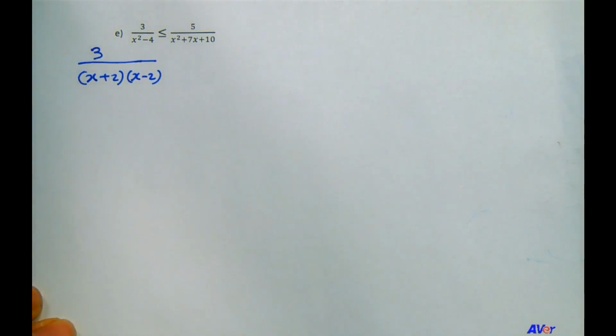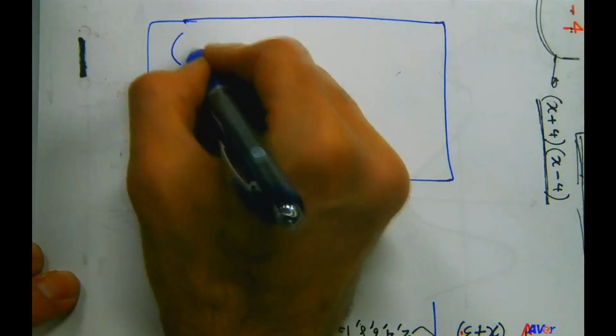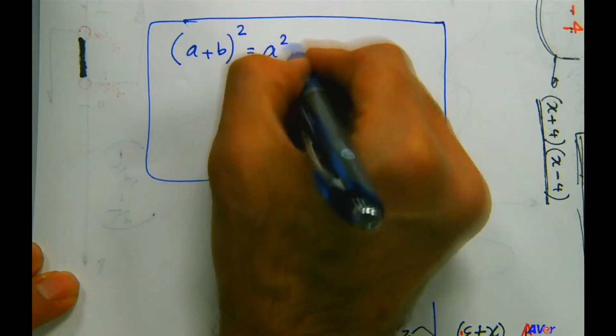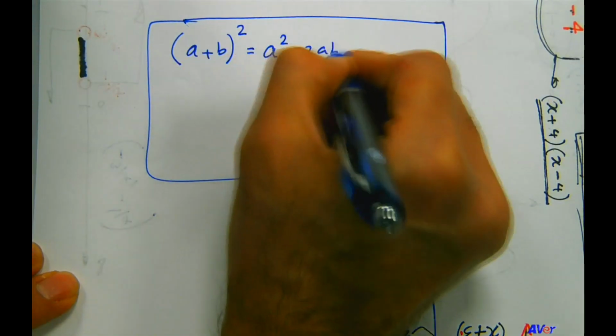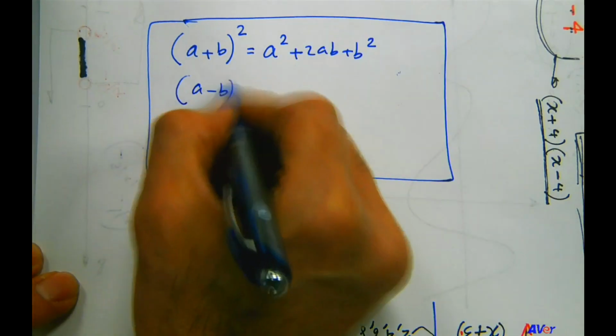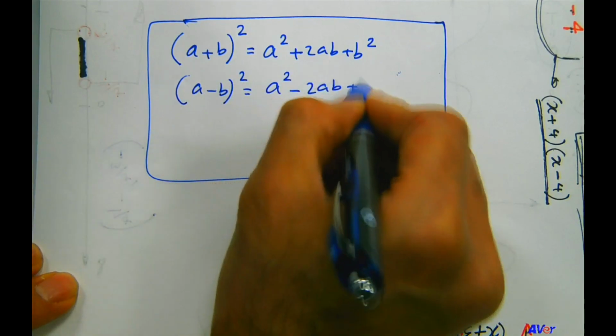Which 3, you might ask? If you're asking which 3, let me write that on a piece of paper again, just as a reminder. These are the 3 special product formulas that you should memorize. (a plus b) squared is equal to a squared plus 2ab plus b squared. (a minus b) squared is a squared minus 2ab plus b squared.